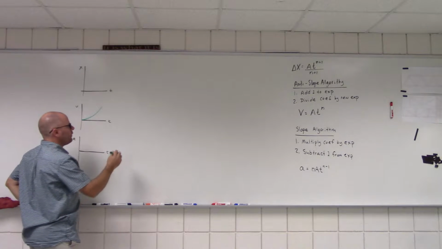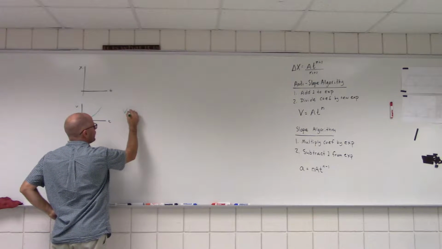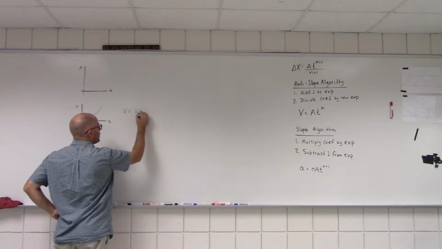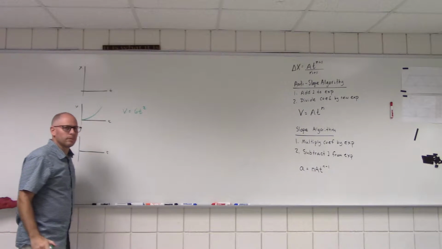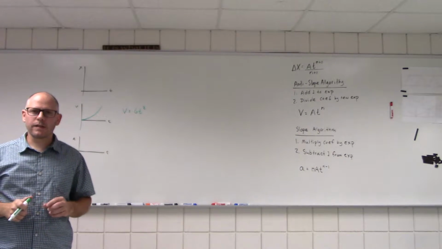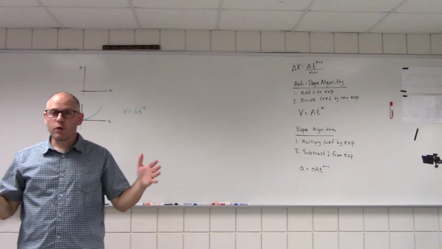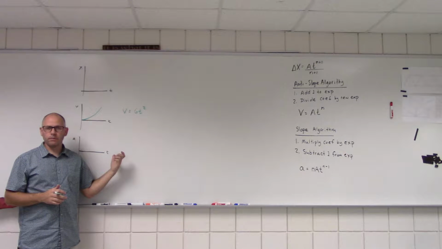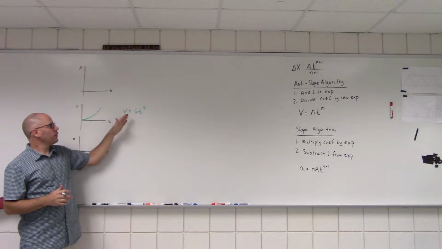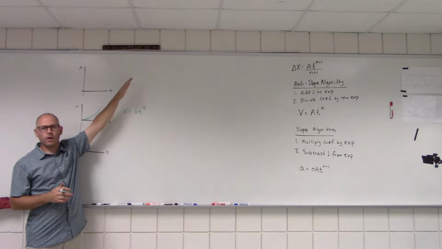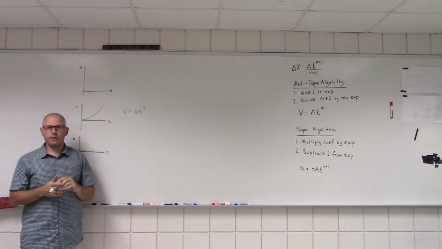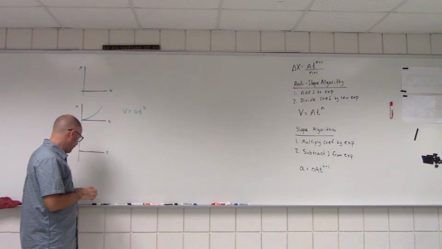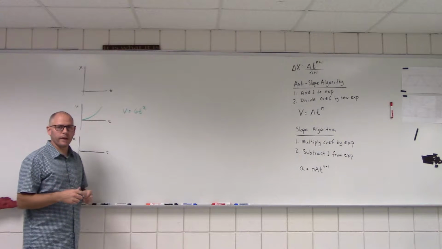Let's say that it's given to us that the velocity function is equal to 6t squared. And then we're asked to do two things. One, we're asked to figure out a function for the acceleration. And we're also asked to figure out a function for the change in position of your object. I think we can do both pretty easily.